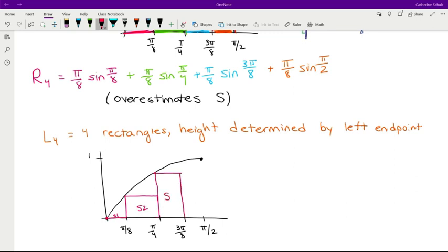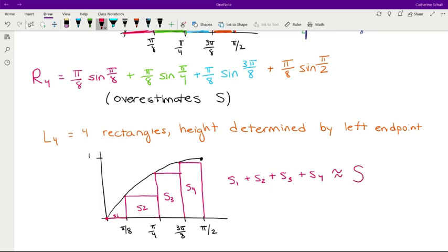That's your S3. And then finally, left endpoint of the fourth rectangle is 3 pi over 8. And that's your S4. All right, and in this case, again, we're saying that if we find the areas of all these rectangles and add them up, that's going to approximate the area under the curve.